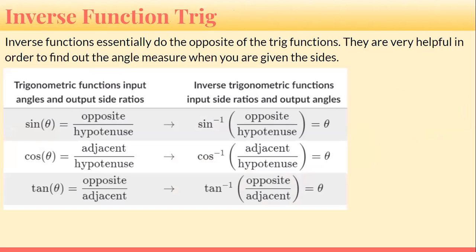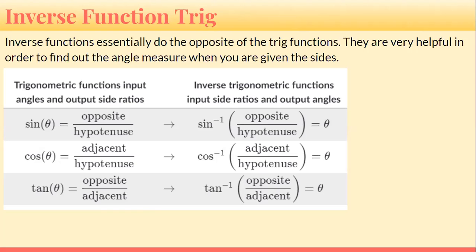In previous problems, we were given an angle, and then we found opposite over hypotenuse or adjacent over hypotenuse or opposite over adjacent. But what if in a problem you're only given the sides, like opposite over hypotenuse, and then you're told to calculate the angle.